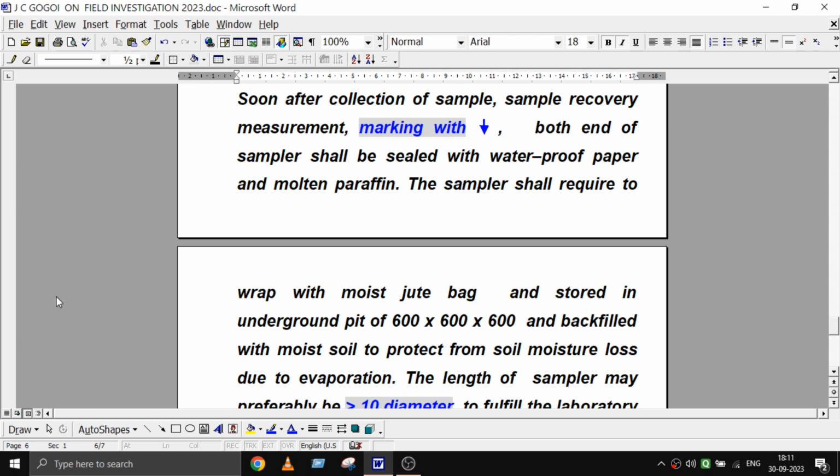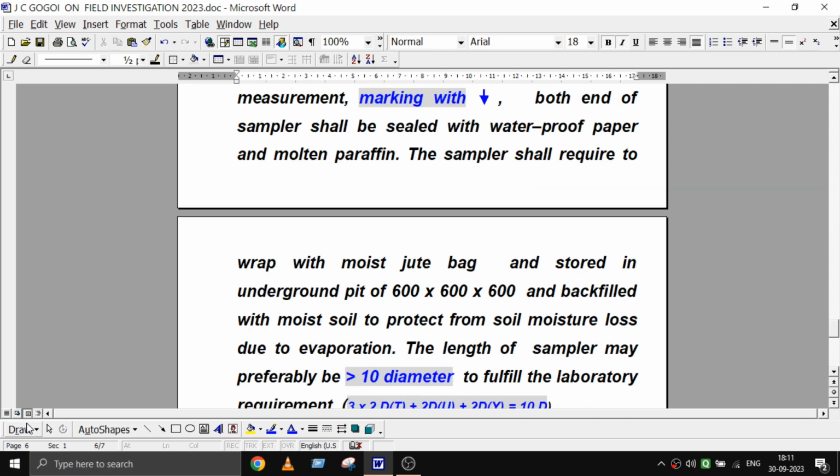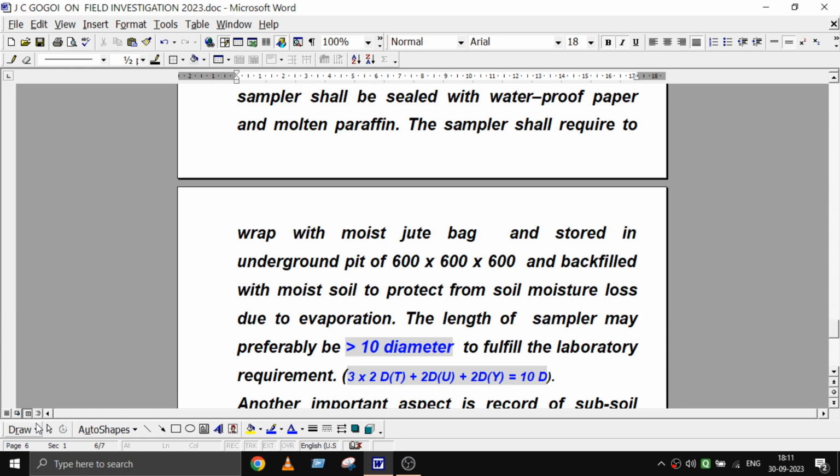After wrapping the sample with moist jute bag, we shall keep this sample in the pit and backfill it immediately with the same soil, to protect the sample from moisture loss due to evaporation. The length of the sampler shall not be less than 10 diameter.